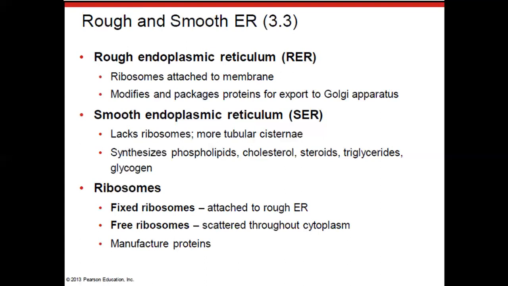So the smooth endoplasmic reticulum synthesizes glycogen, and that glycogen is stored in the cell so that glucose can be readily available and broken down when it's needed to produce energy. So you basically take blood sugar, this glucose molecule, and convert it to a bunch of other molecules, substances, and in the process you produce ATP.